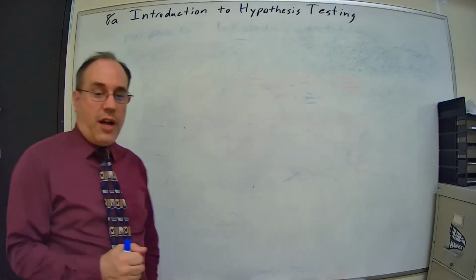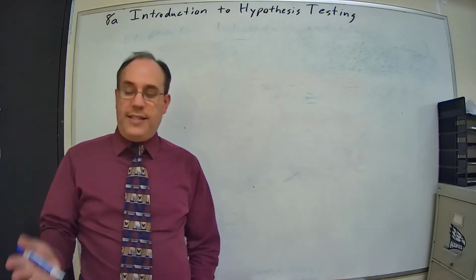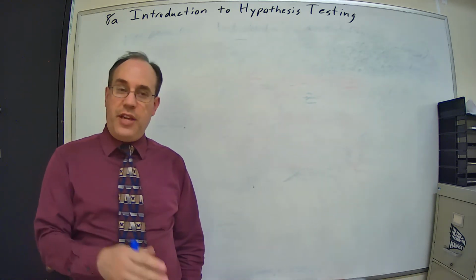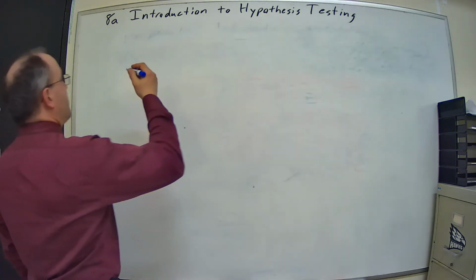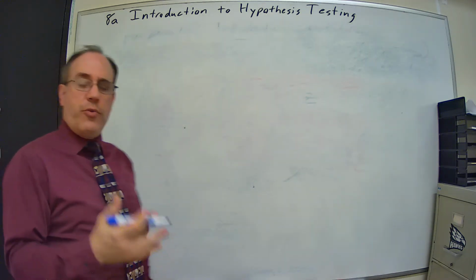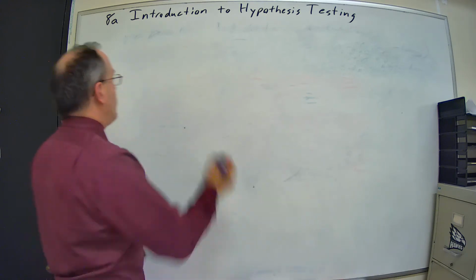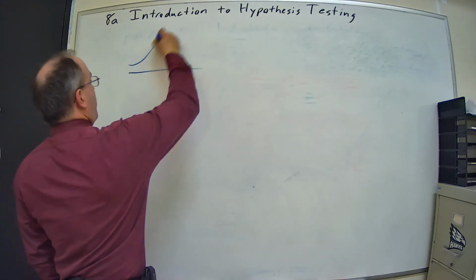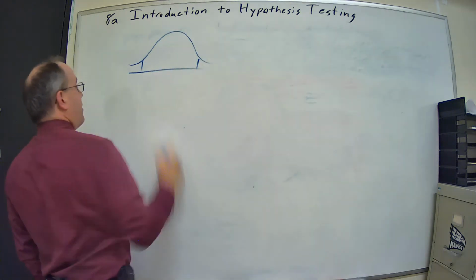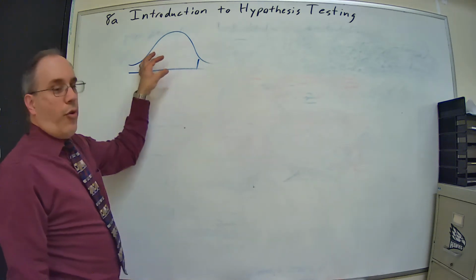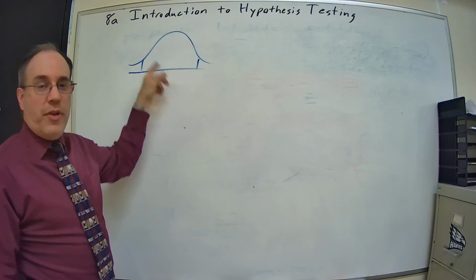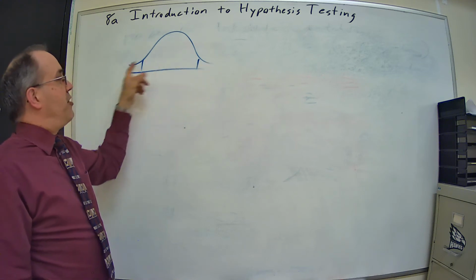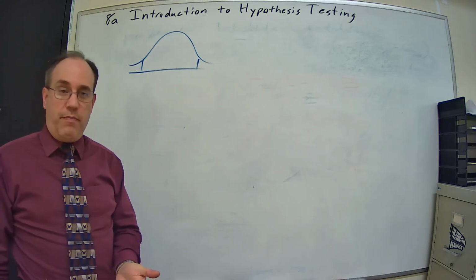So we talked about the tails, a right-tailed test, a left-tailed test, or a two-tailed test. I just want to show a little bit with that. When we were dealing with confidence intervals, remember that I showed this thing where the confidence level was that area in the middle, and then you had the two tails divided evenly.